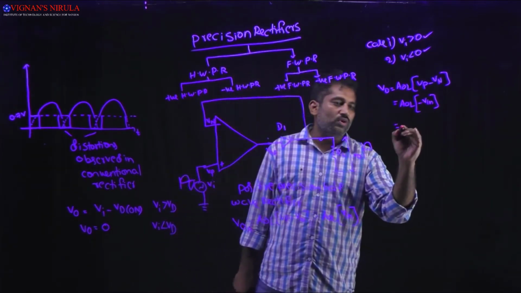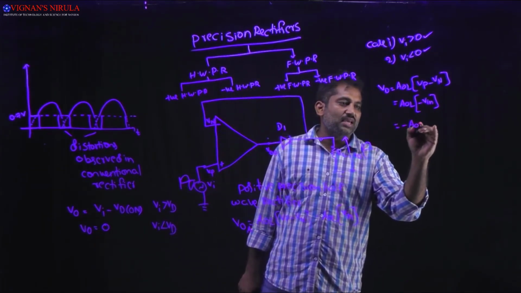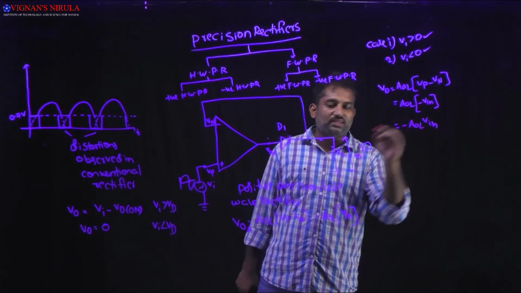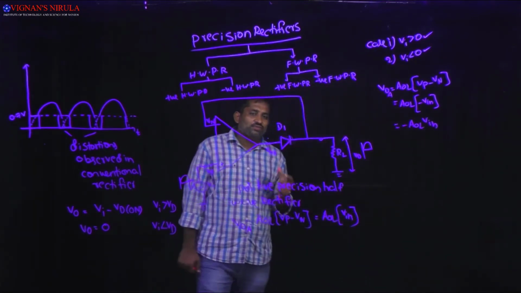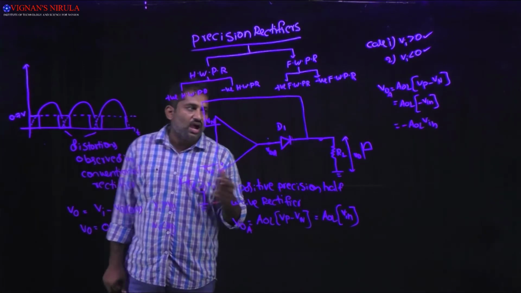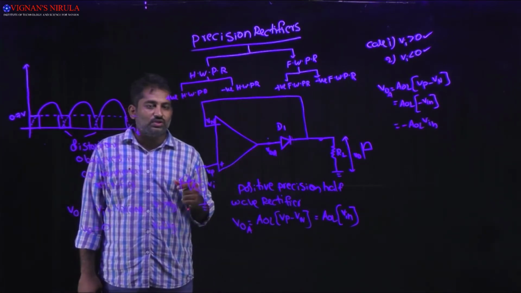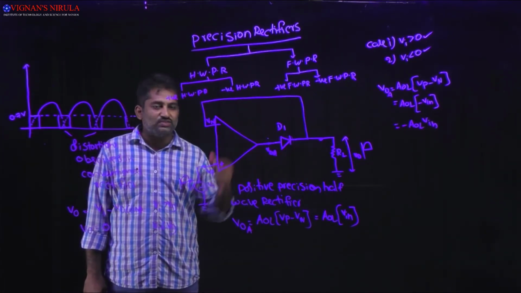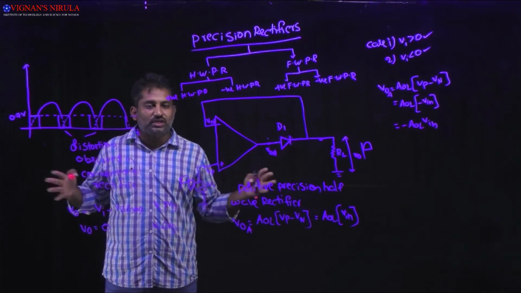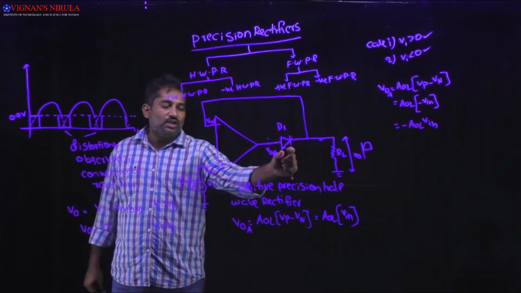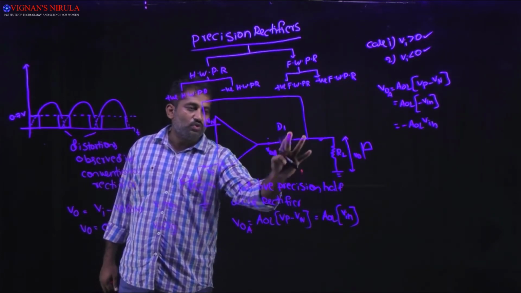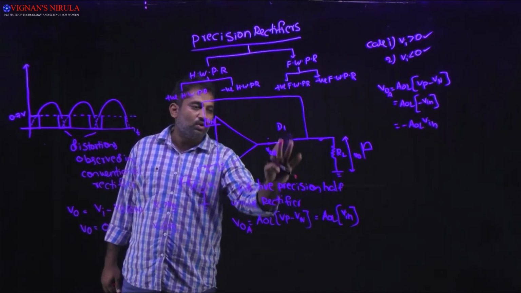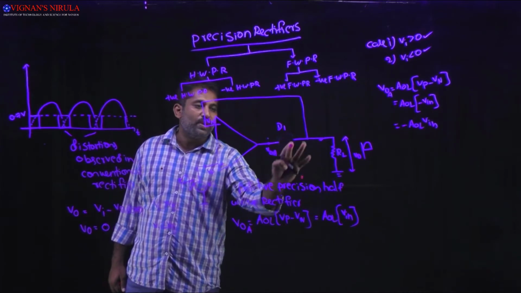So we will get minus A0L into Vin at the output, which is V0A, and since the gain of the op amp is very high, multiplying it with minus Vin gives a large negative value. The diode is connected in this fashion, so now it becomes an open circuit.